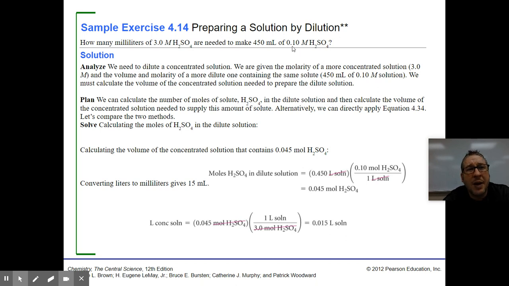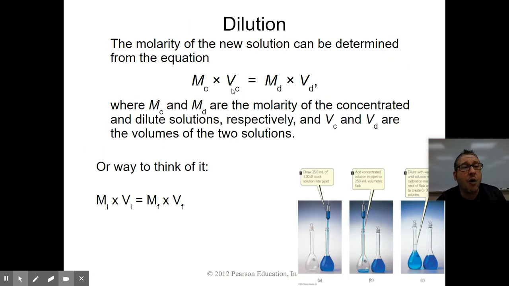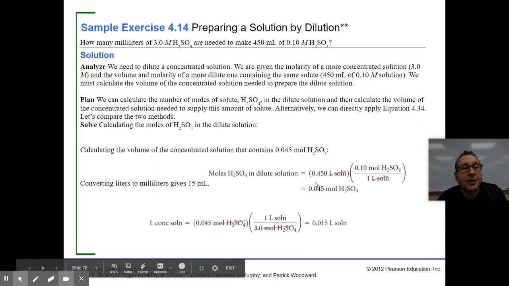So this is going to be our final concentration and our final volume. This is our initial concentration. So we have to figure out how much volume we have to initially add in order to make this particular solution. So we take this equation and rearrange it to solve for VC. So you're going to have MD times VD divided by MC, okay?